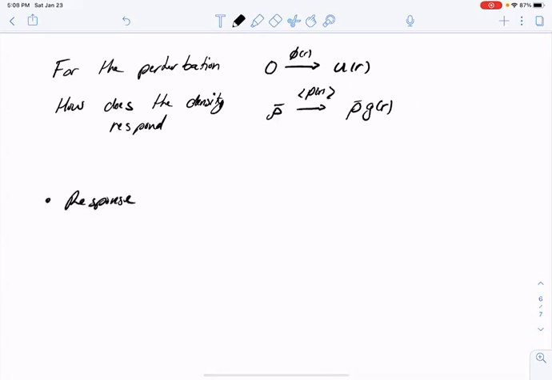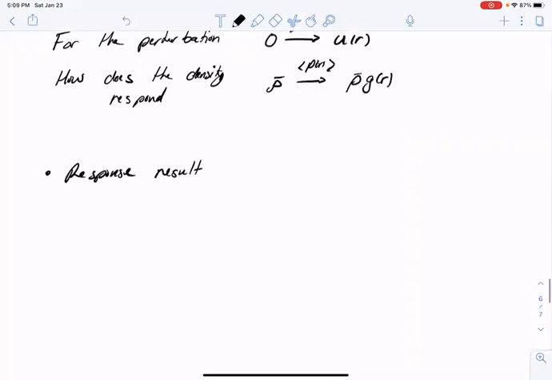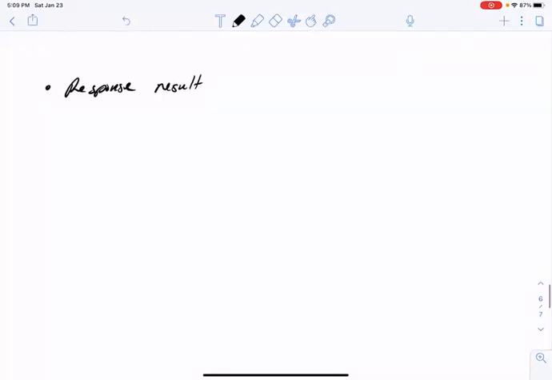Okay, so let's pull out the result that we know holds, namely, if we're considering linear response, we can ask for the density at R in the presence of a field.